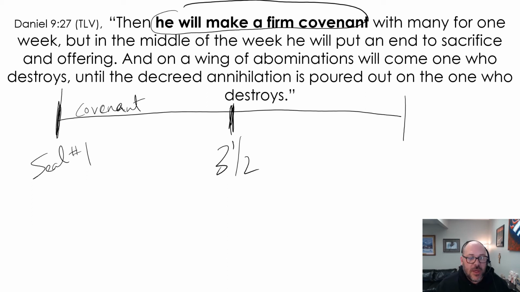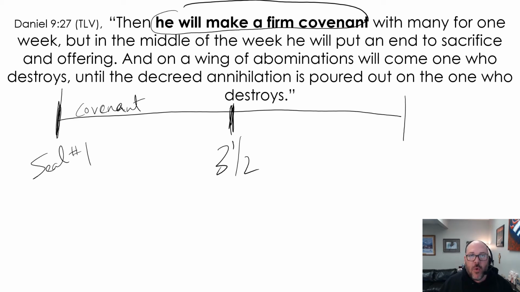Now remember, the vision of Daniel is sealed until the time that it's time to go. The first seal is broken. Chapter 6 of the book of Revelation. And I heard one of the 4 living creatures say, "Come," and I looked, and behold, there was a white horse. The one riding on it had a bow, and a crown was given to him. He went out as a conqueror, so that he might conquer.